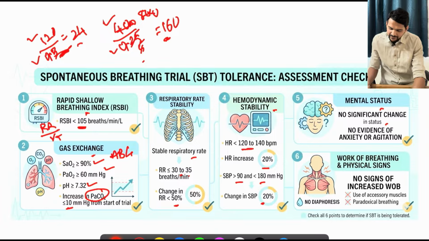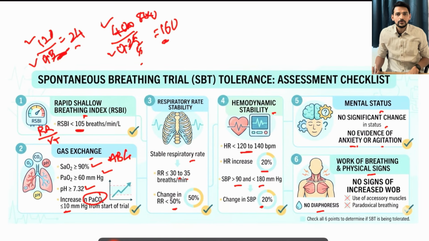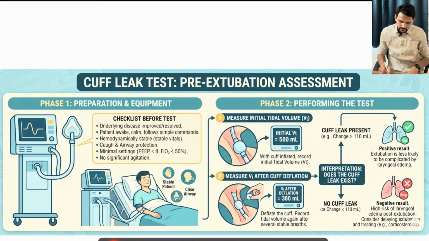For example, there should be no evidence of anxiety or agitation. For work of breathing and physical signs, there should not be any diaphoresis or increased work of breathing. These parameters should be assessed by the end of the trial. If all these parameters look fine, then we can say this individual has tolerated the trial well. So always check these 6 points at the end of the trial.